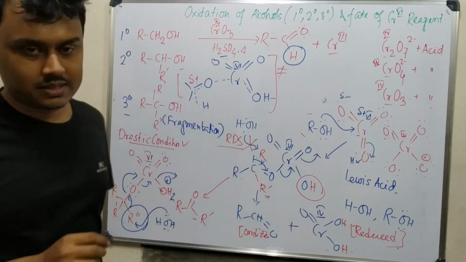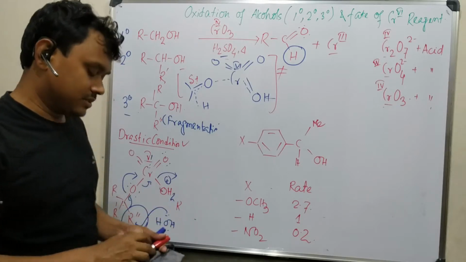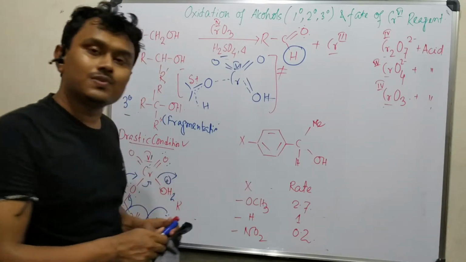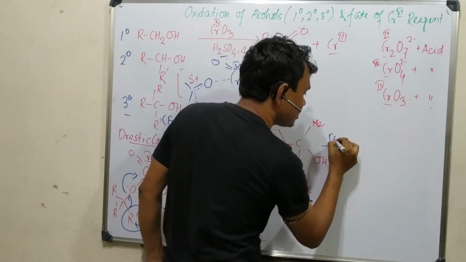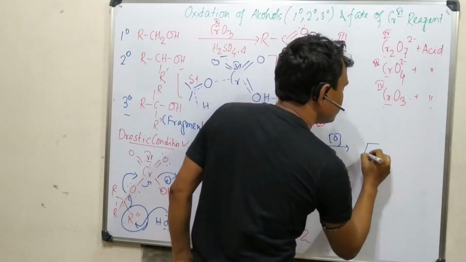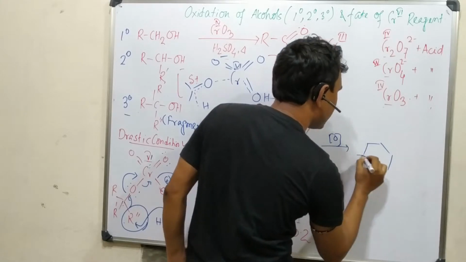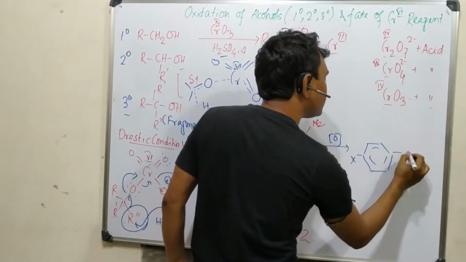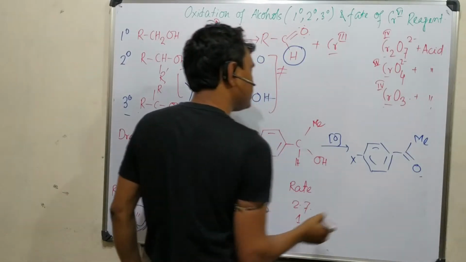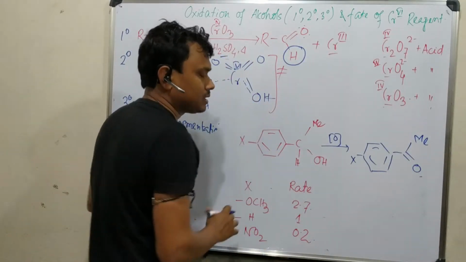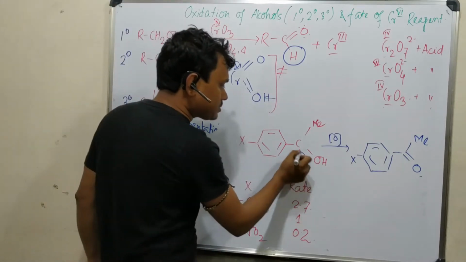Okay, let's discuss that. Let's look at this example. What happens in this case if we consider this benzylic alcohol oxidation under similar conditions to produce the corresponding aldehyde derivative? So what is observed? This proton is abstracted.